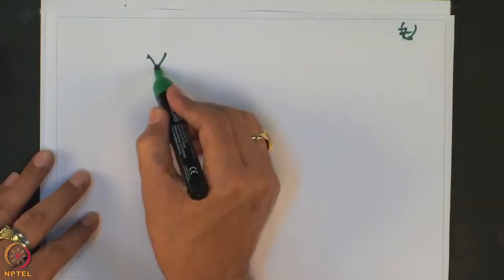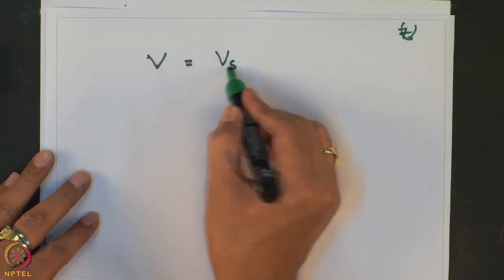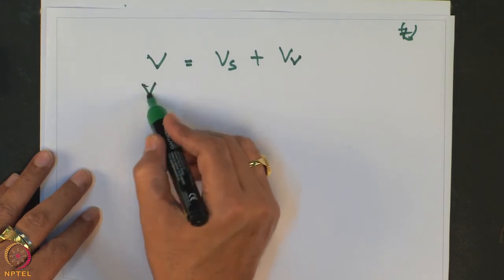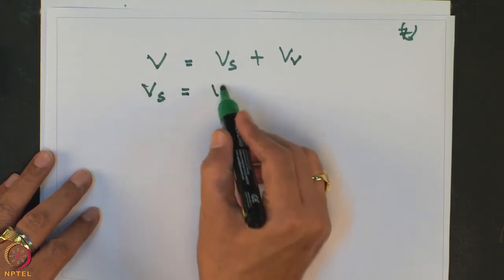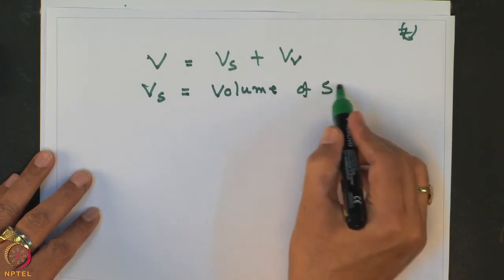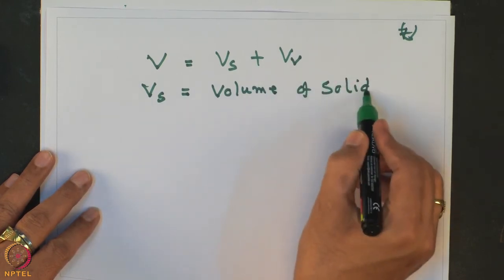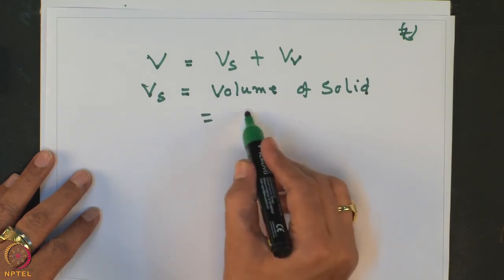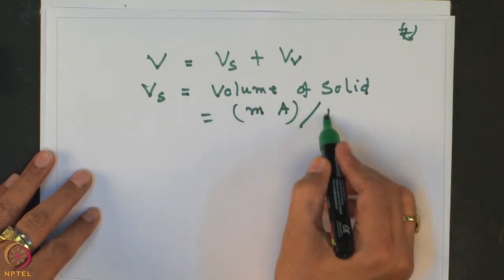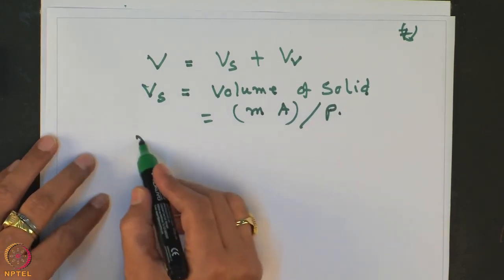So, you can determine that the total volume V is equal to Vs plus Vv. So, Vs is the volume of solid. So, this is equal to M into A, divided by rho. What is M?